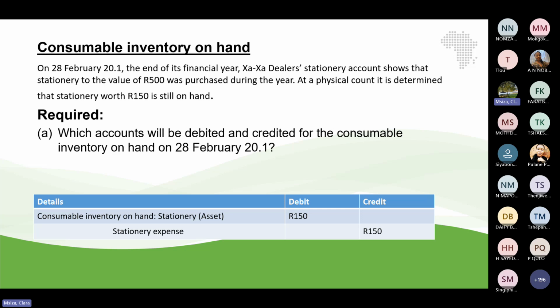Can I see with hands before I move on? Expenses increase on the debit side and decrease on the credit side. Assets increase on the debit side and decrease on the credit side. Hence, we have the 150 here, meaning that 500 minus 150 is what we have used in the current financial period.